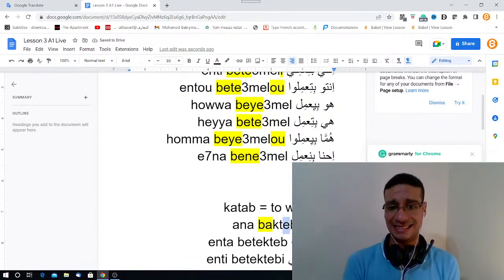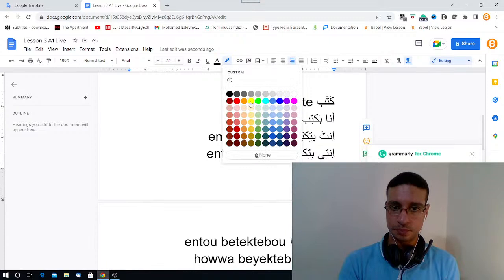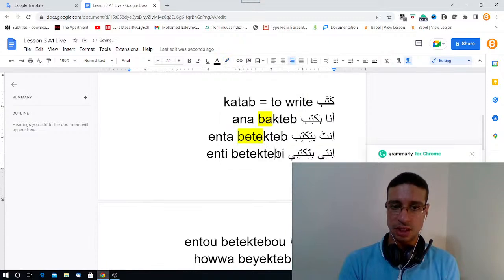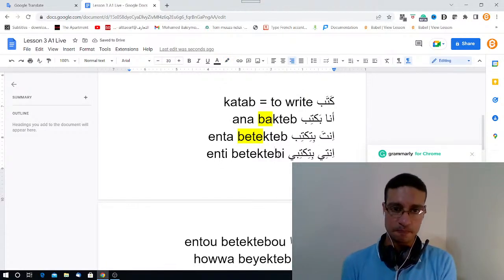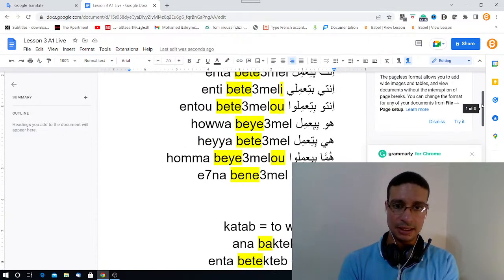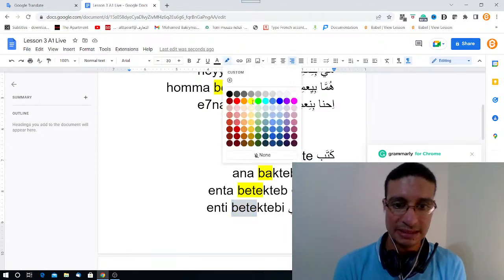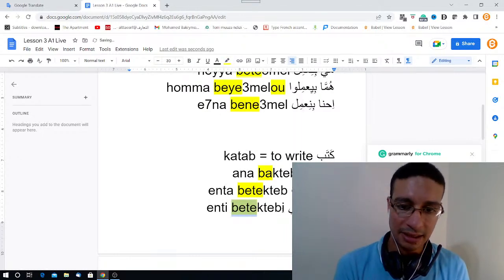So أنا بكتب, أنت بتكتب. Okay, so أنا بكتب, أنت بتكتب, أنتي the same, بتكتبي. So بتكتب, we add this bit and then e at the end.